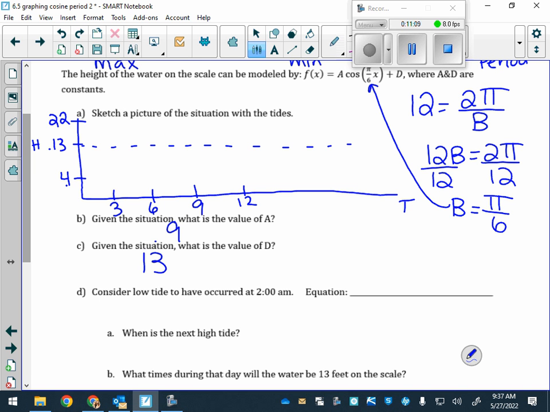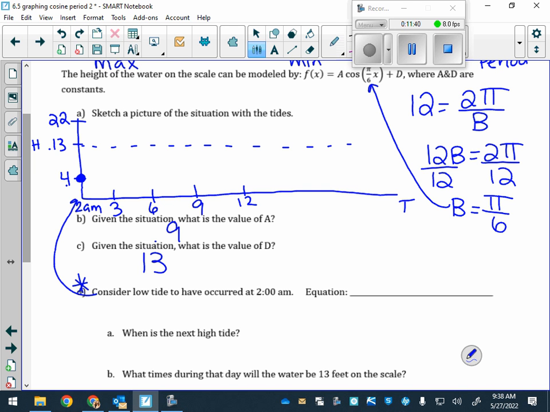Where 0 would be. So consider low tide at 2 a.m. Kate, you are brilliant. Why? Yes. Okay. So this is the key piece of information. That's why I didn't want to create any equation yet until we drew a picture. Okay. Consider low tide to have occurred at 2 a.m.